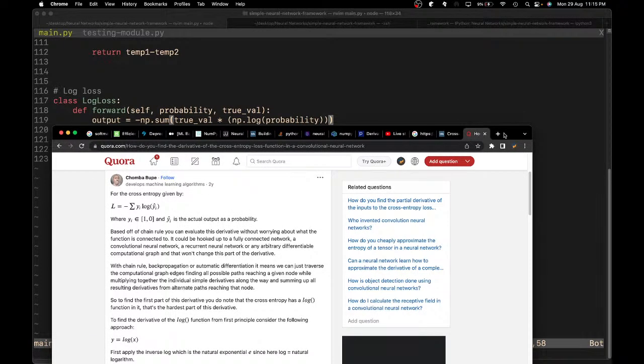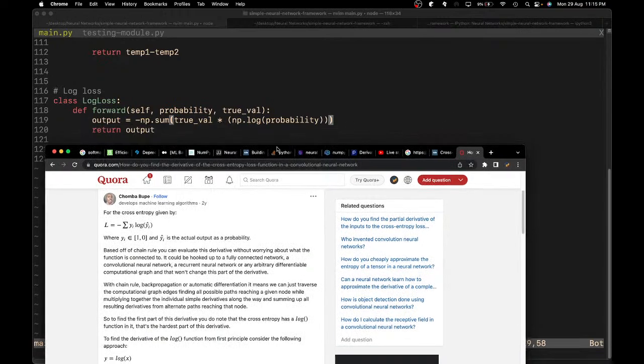So yeah, it's y_i, so I think we can just do y times... y hat is the actual output as a probability, where y belongs to 1 or 0. All right.